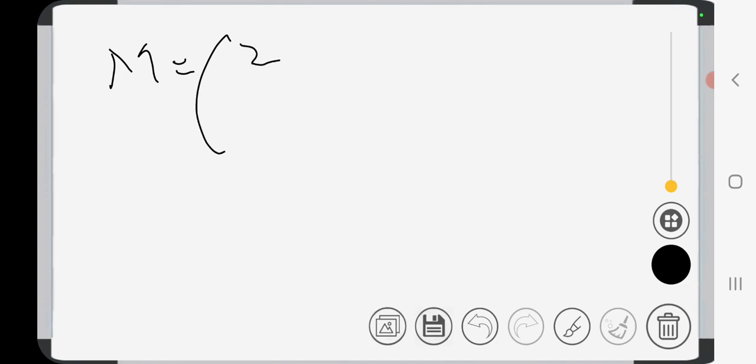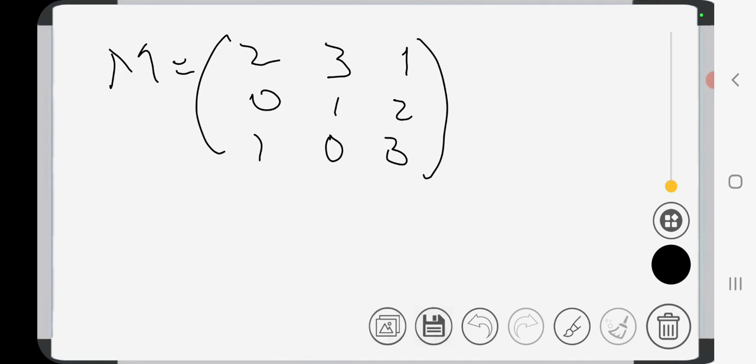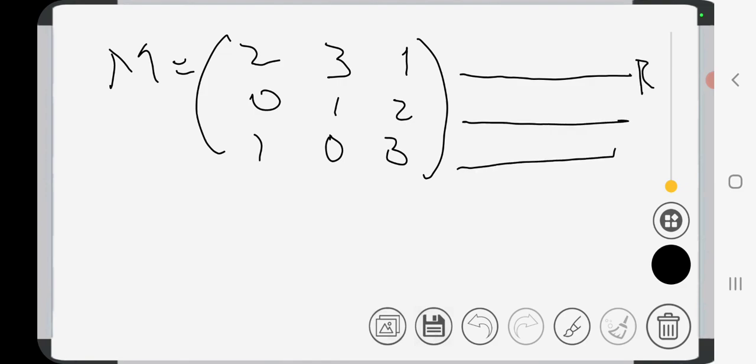We have 2, 3, 1, 0, 1, 2, 1, 0, 3. Now, when I'm taking the value horizontally, then I'm referring to the rows. When I'm taking the values vertically, I'm referring to what is called column.